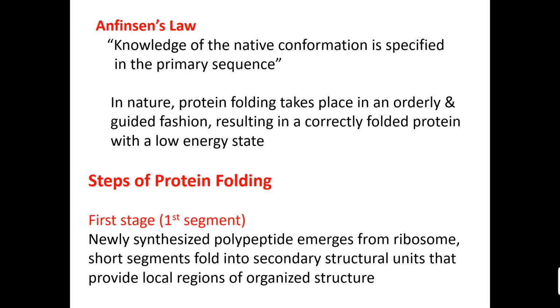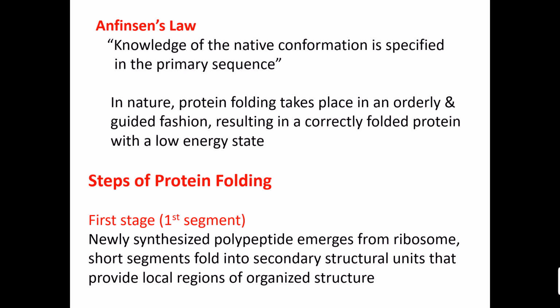The protein folding takes place in an orderly, guided fashion and results in a correctly folded protein. There are two steps of protein folding, first stage and second stage, also known as first segment and second segment. What happens in the first segment?